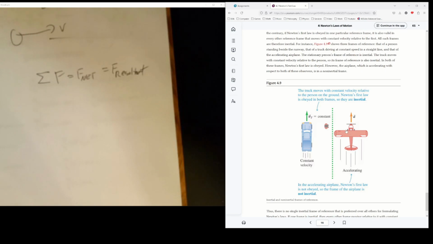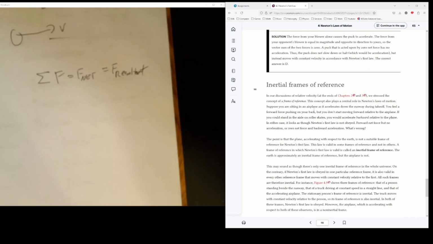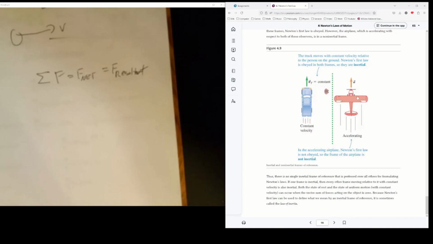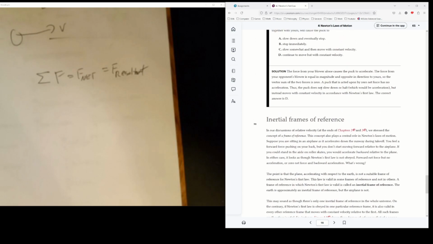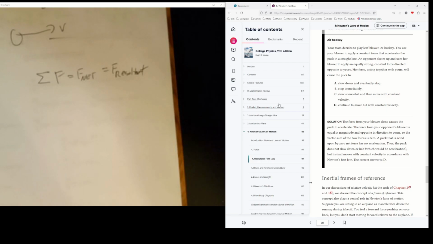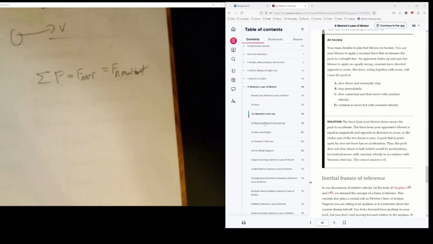So Newton's laws would prefer to be in an inertial frame, which means constant velocity. Once you're in an accelerating frame, you've got to be a lot more careful with things. But we won't deal with any accelerating frames at all. All our frames are constant velocity frames. So this last part is just something of interest, but there are no homework questions about it.